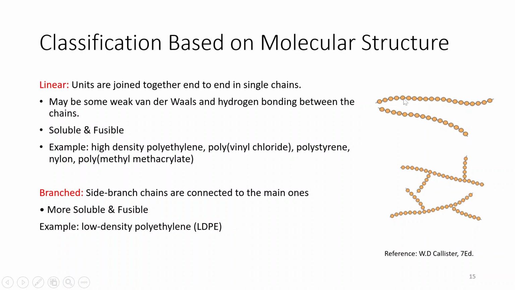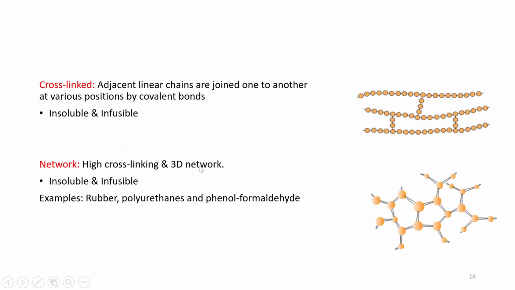For linear, between two chains there can be weak van der Waals or hydrogen bonding. These are soluble and fusible. Examples include high density polyethylene, polyvinyl chloride, polystyrene, nylon and polymethyl methacrylate. Then cross-link type of polymers.